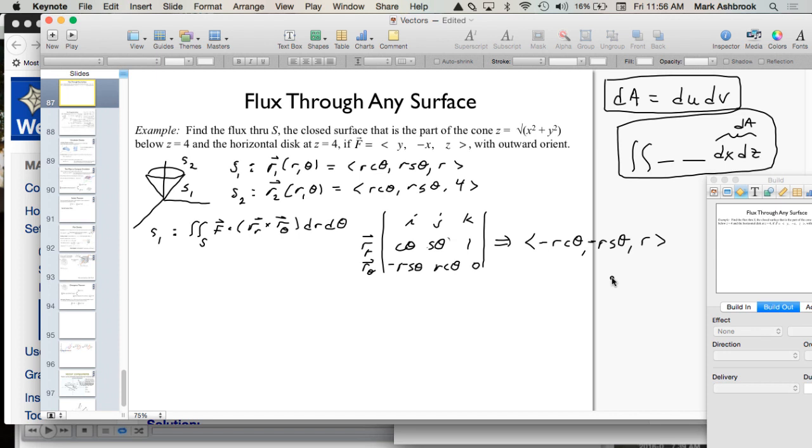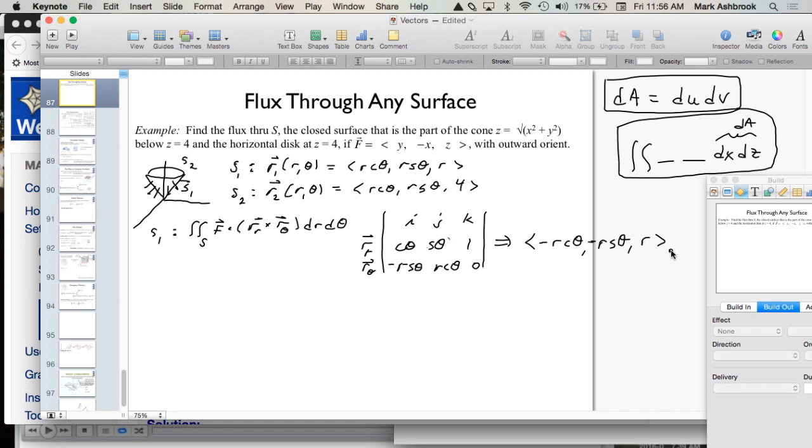Okay, so here's the key. Do we have it right? What did we want? Outward orientation. So for this cone, what is outward orientation like? What can you say about every single vector for that cone if you have outward orientation? The z component is less than 0. So then we look at this.